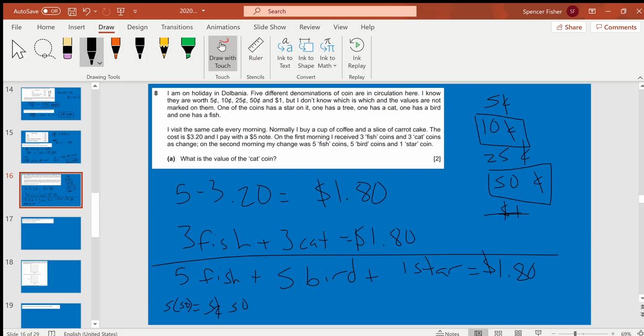That's more than the total, so we know that can't be the case. So from that we know fish is going to be the one that is 10 cents. And for what the question was asking, the cat coin is going to be equal to the 50 cents. And that's going to be your final answer for 8A.